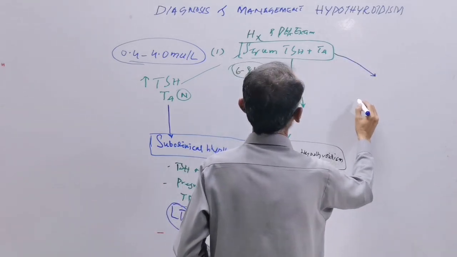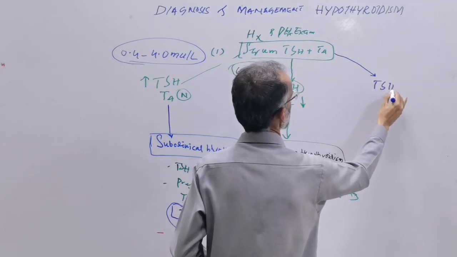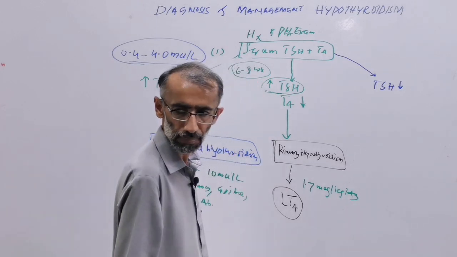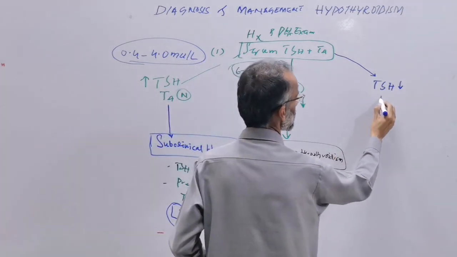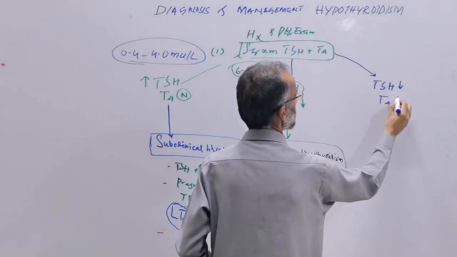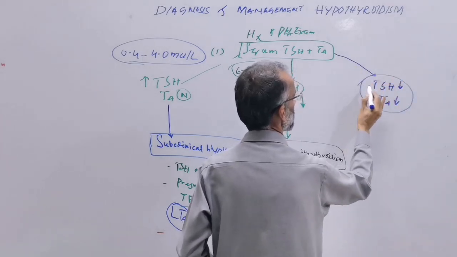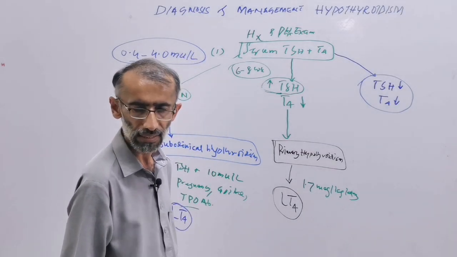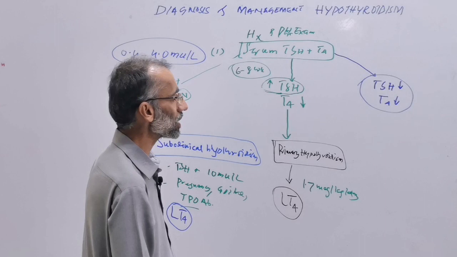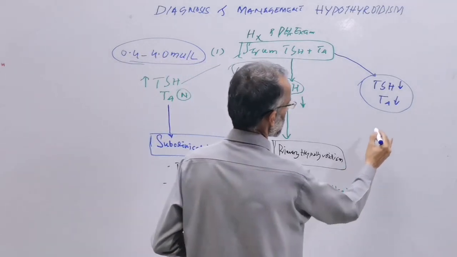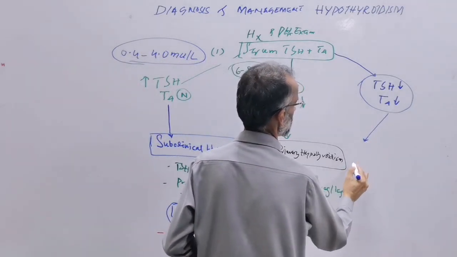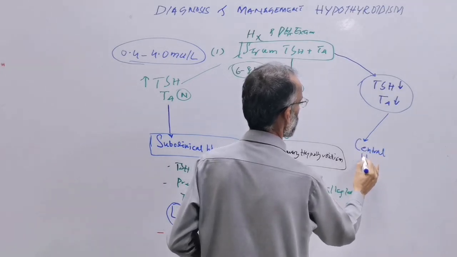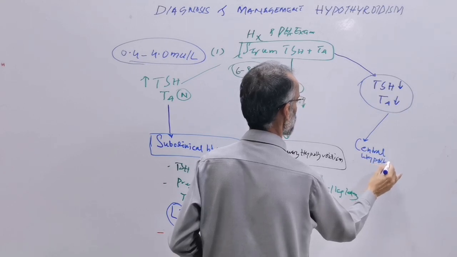If the serum TSH is decreased, or sometimes normal, and T4 is decreased, what are the differential diagnoses?